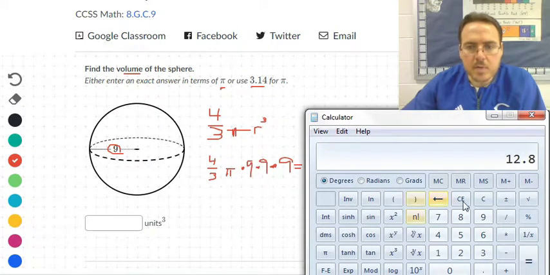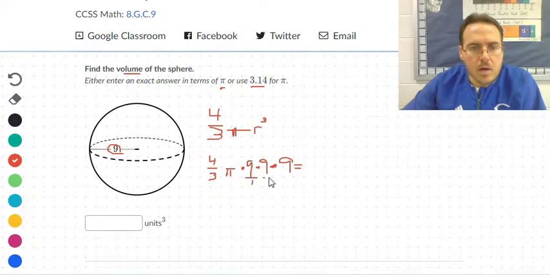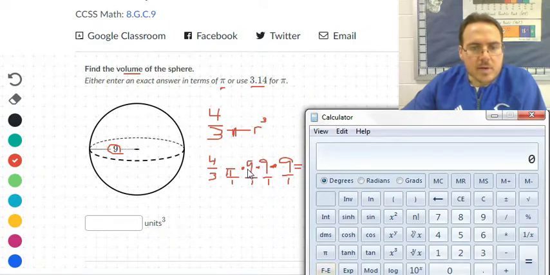Let's see what that comes out to be. I'm going to multiply these like they're fractions, like 9/1, 9/1, 9/1. So that'd be 4 times pi, and pi over 1. So it'd be 4 times 9 times 9 times 9 pi.